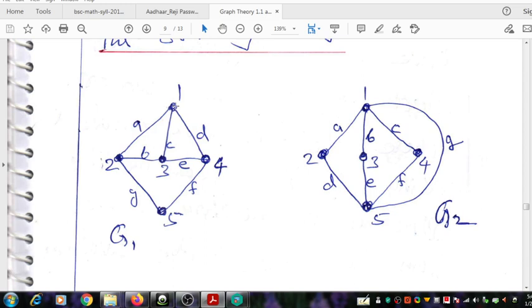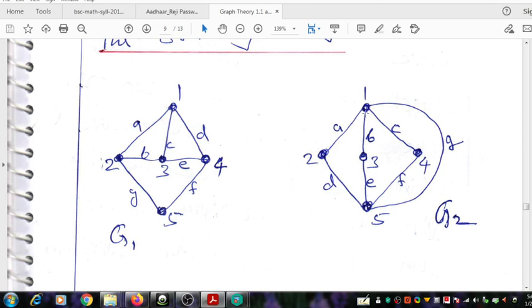But in between this travel, you must visit each vertex exactly once. But you can see that it is not possible to complete such a travel in the first graph. But in the case of the second graph, you can see that such a travel is possible.